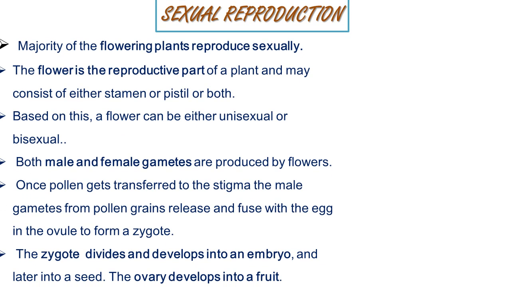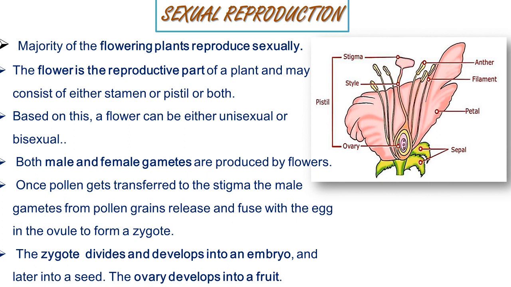Now let's move on to sexual reproduction. Sexual reproduction takes place through flowers, as we already know. Some flowers have both the sexual parts, that is the stamen and the pistil, and are known as bisexual flowers, whereas flowers having only the stamen or the pistil are called unisexual flowers. Both the male and the female gametes are produced by these flowers, and they unite to form the zygote.